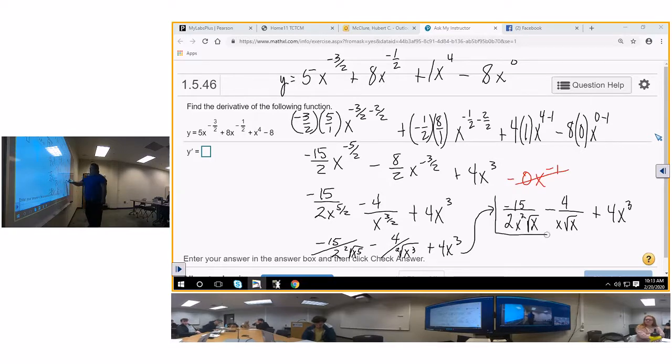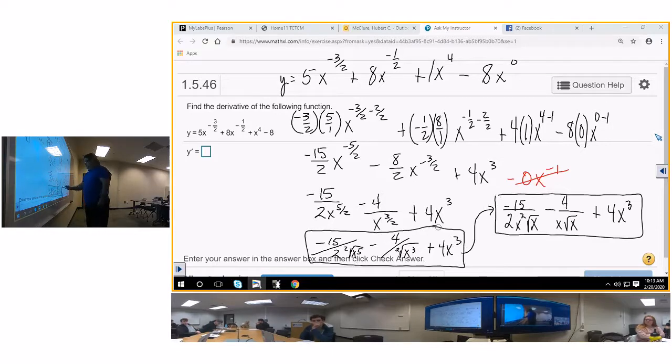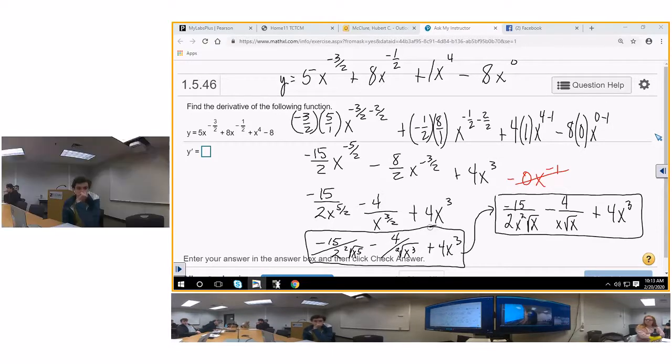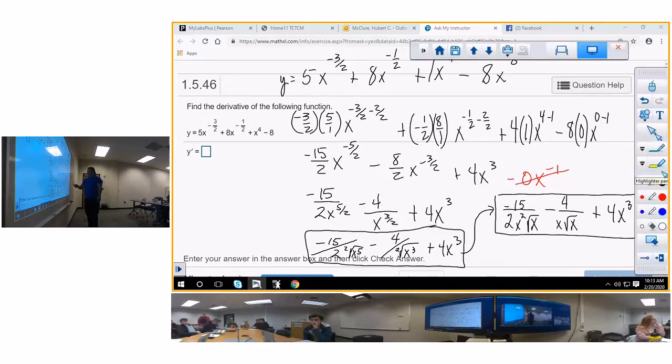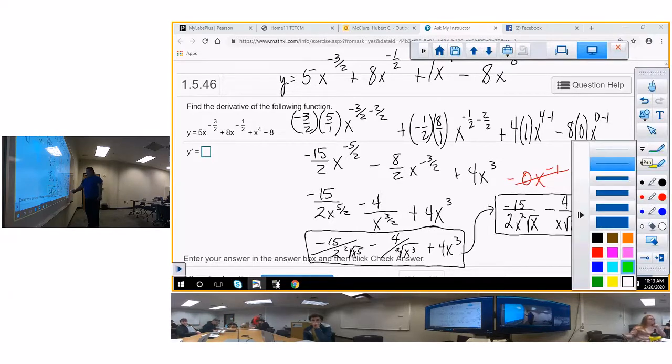Now there's 3 possible answers here. The two that I just did are probably the most popular answers among teachers. But I hate to say it, I'm going to go ahead and circle these 2 in yellow.